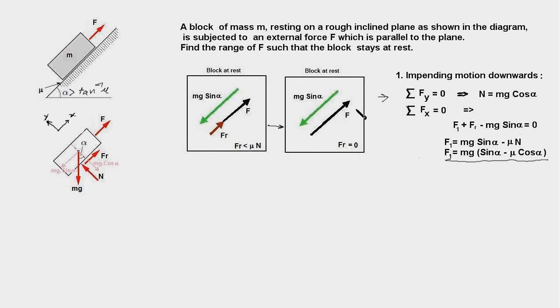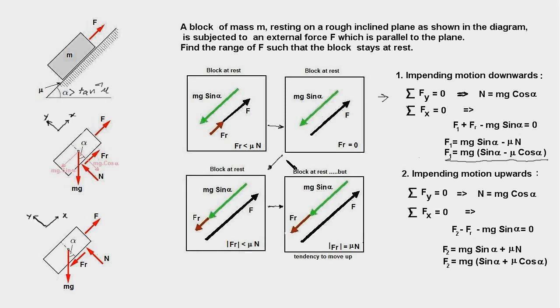Now suppose the applied force further increases. Suppose this grows further, it may give a false impression that the net force is acting upwards, because now it is greater than mg sin alpha. Is that correct? No, it is not, because now the frictional force will flip its direction, so that now it gets added to mg sin alpha, as you can see from the next diagram.